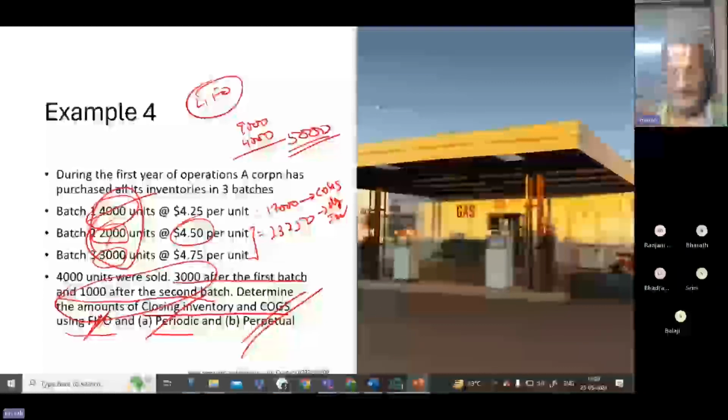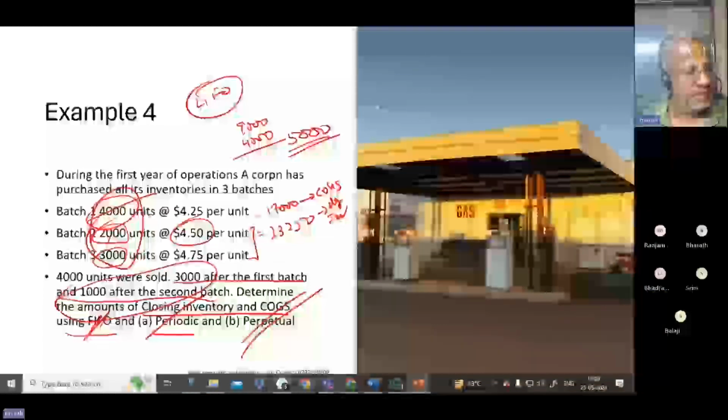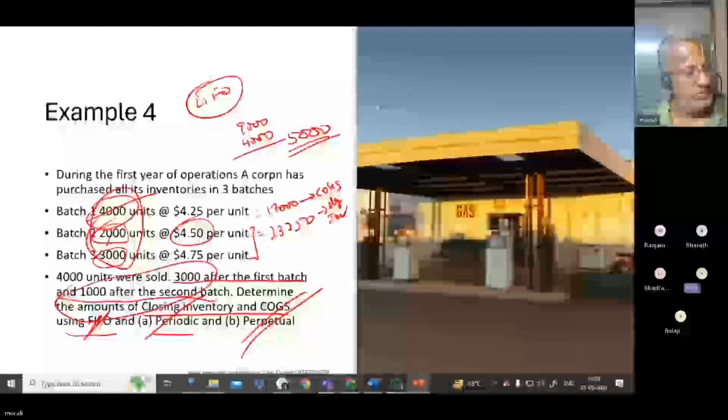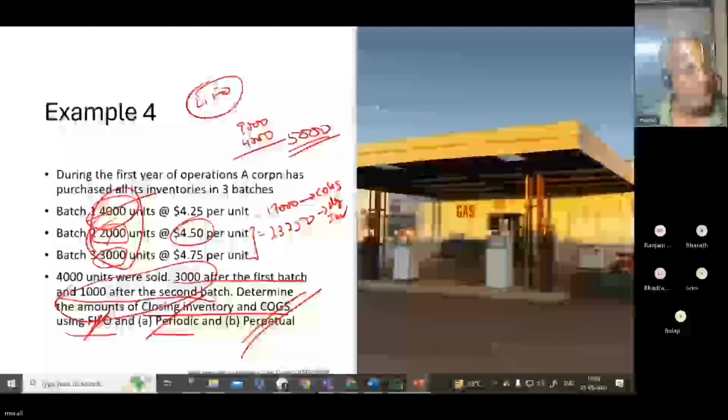Separately, they will be the same. Yeah. Srini? Yeah, a table can be formed under three headings. FIFO, periodic and perpetual: the cost and the split values are going to be the same. And for LIFO, they are going to be different. Okay.